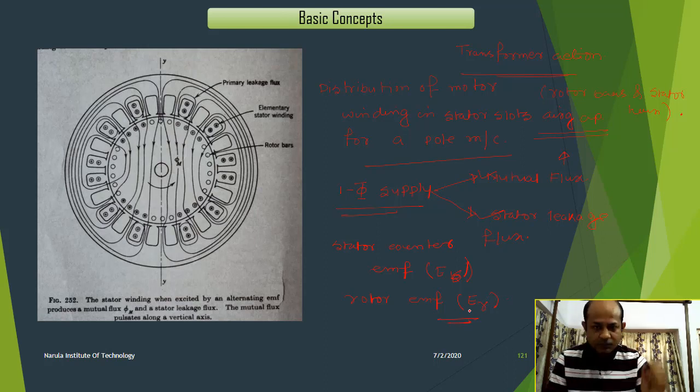So there is production of these two EMF. One is inside the stator, that is the counter EMF, and one is inside the rotor, that is ER.